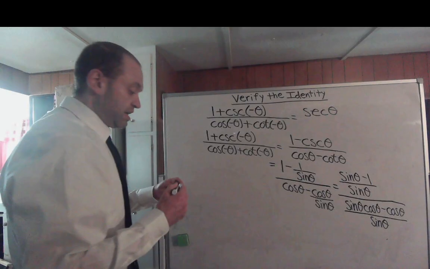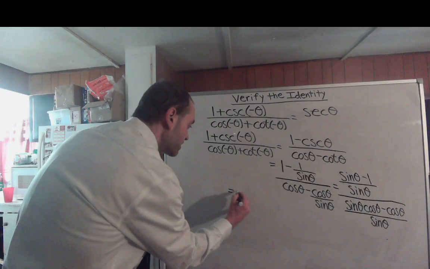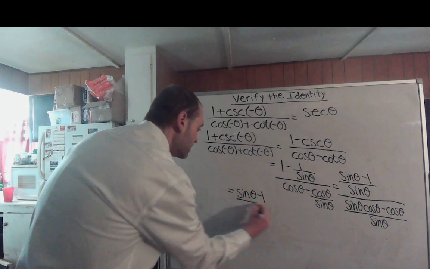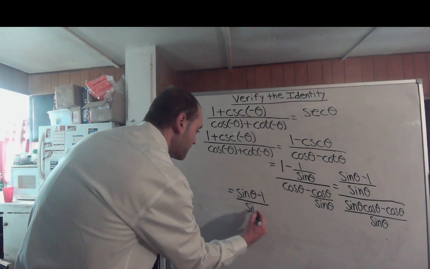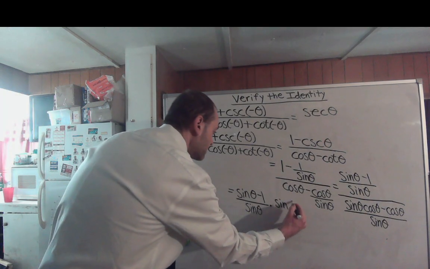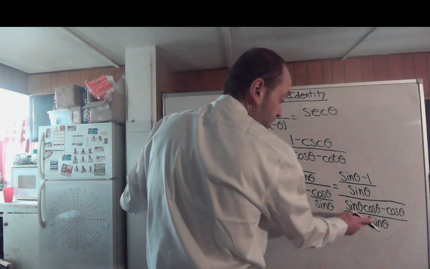Now you have a complex fraction, so you just have to invert and multiply. So this will turn into the sine of theta minus 1 over the sine of theta times the sine of theta all over the numerator of the denominator.